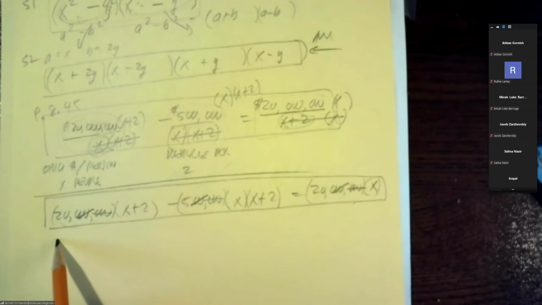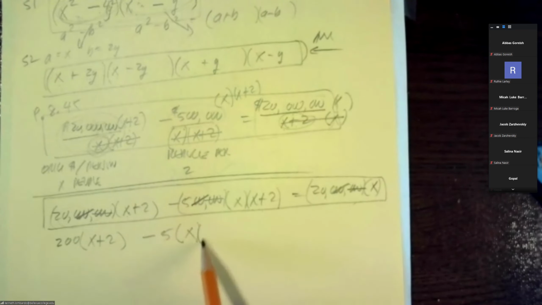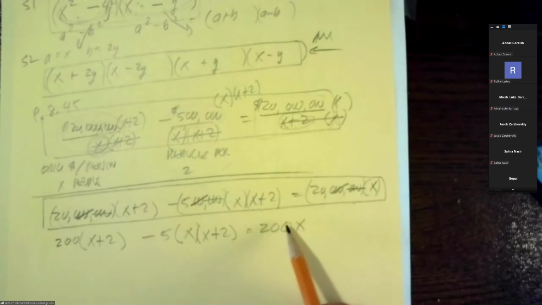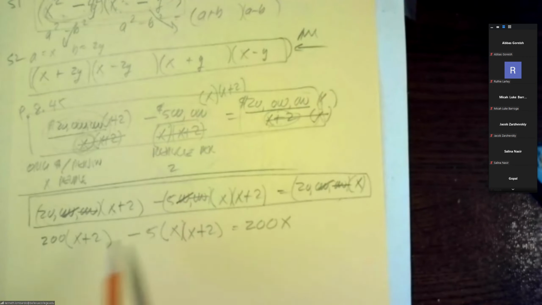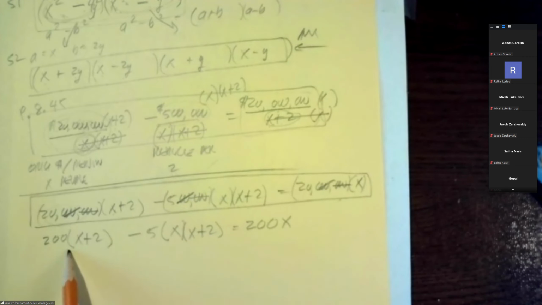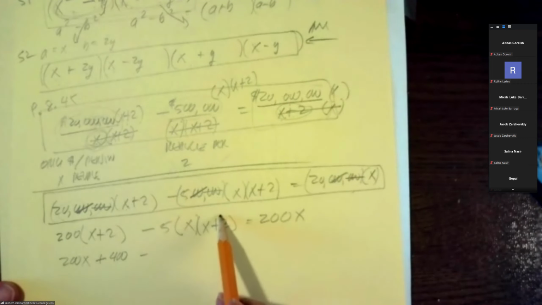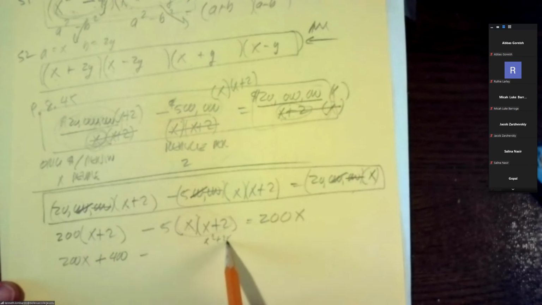So it looks like we have 200(x + 2) minus 5x(x + 2) equals 200x. Do I have my numbers done properly there? And if that's the case, then I should be able to get 200x plus 400 minus, and then we have x squared plus 2x times negative 5.